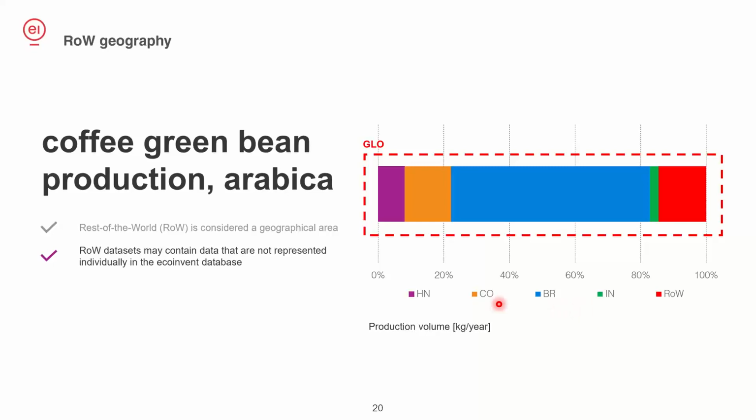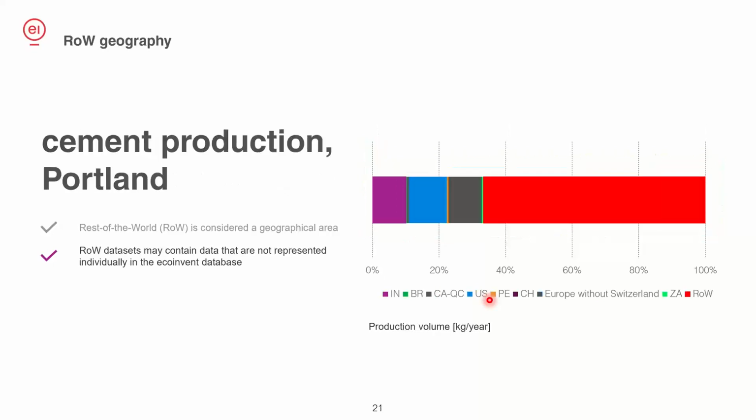And in this relationship, we also take into account the production volume. So the production volumes are the weighting factors for calculating the rest of the world. Another example is here the cement production Portland. And this is in order to understand that the rest of the world is very different from activity to activity.